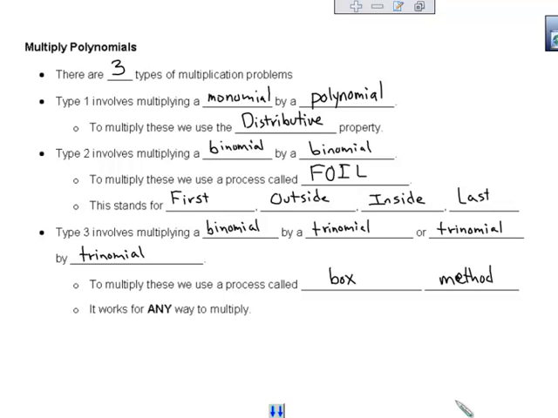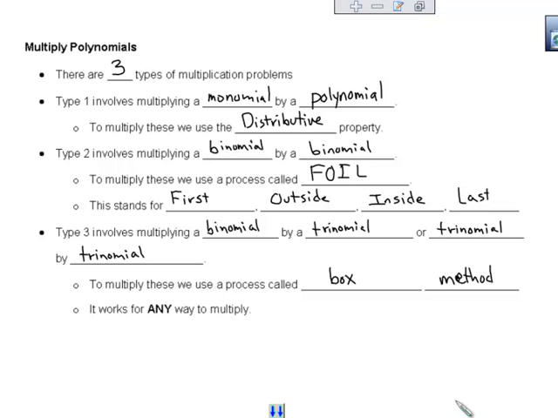The box method, if you recall, works for any of these types. So if you're multiplying a monomial times a polynomial and you don't like the distributive property, you can use the box method. Same thing for binomial and binomial. If you don't like the FOIL, you can use the box method. But to multiply a binomial times a trinomial, trinomial times a trinomial, it's easiest to use the box method.